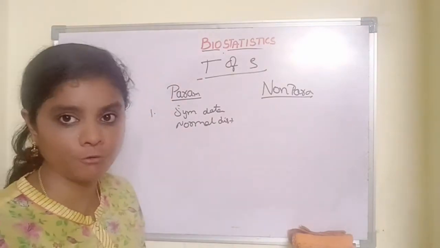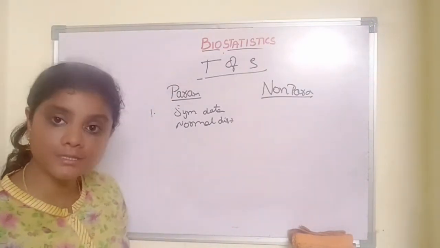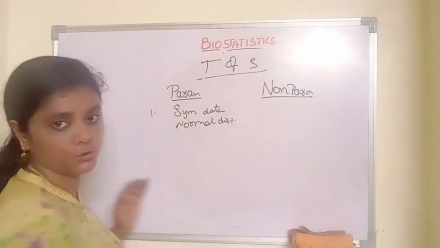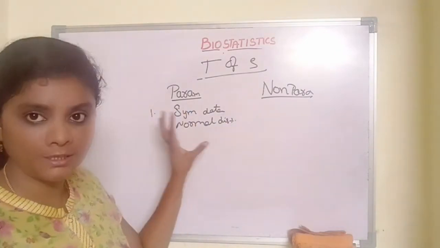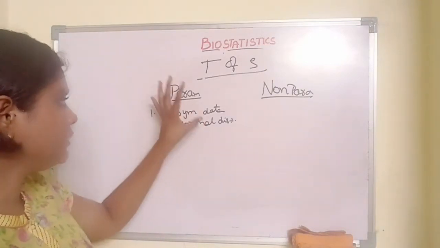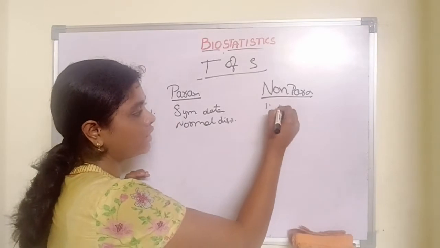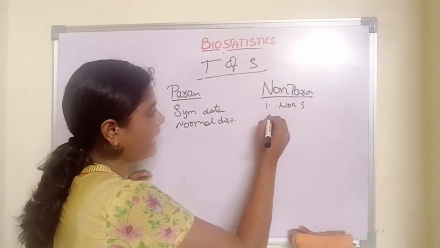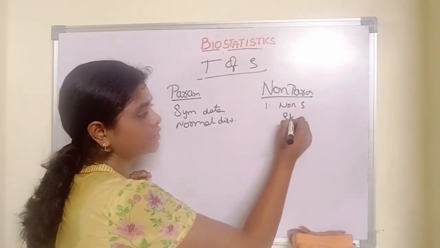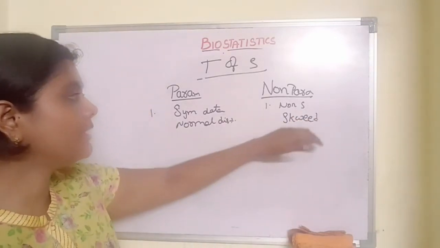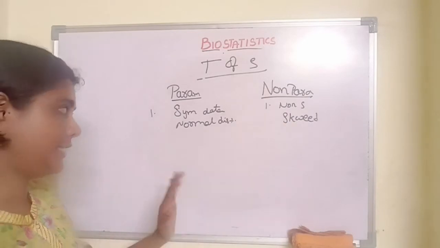This is how you have to listen, okay, you have to understand. So for symmetrical data and normal distribution of the sample, you will use parametric tests. When the data is non-symmetrical and it is a weak distribution, you will be using non-parametric tests.